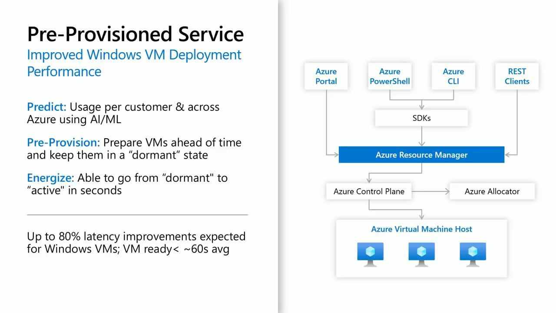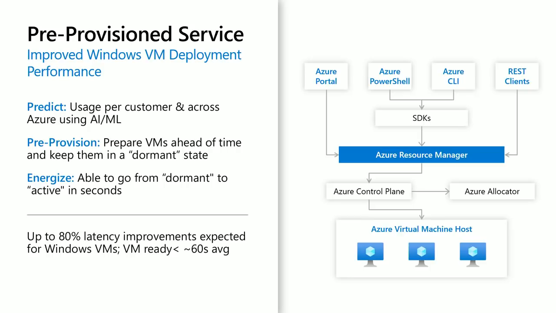It's there sitting ready for a customization ISO to attach to it, with what you want the host name to be, with how you want it to be configured inside. It then applies that information and does a quick reboot, and now can be provisioned in seconds, much faster than if you had to go through the double reboot and actually wait for the whole rest of the control plane stack and data plane to get that virtual machine ready.